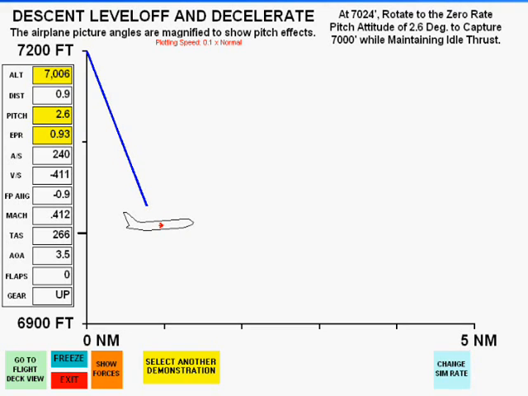Even after the final pitch attitude is established, the vertical speed continues to decrease. The vertical speed will reach 0 feet per minute as the altitude reaches the target value of 7,000 feet.